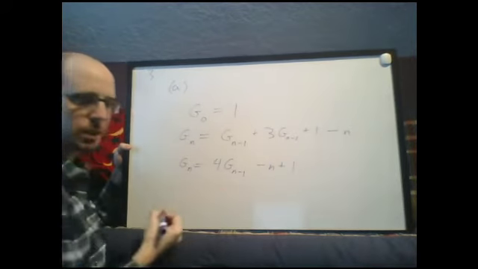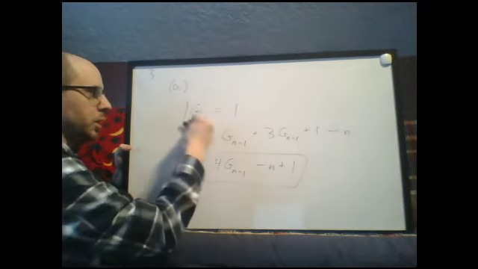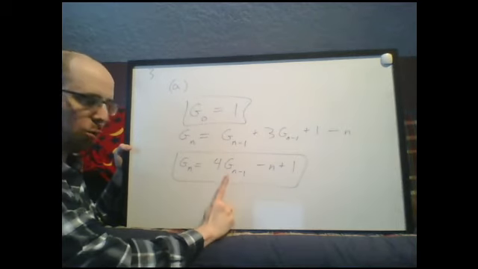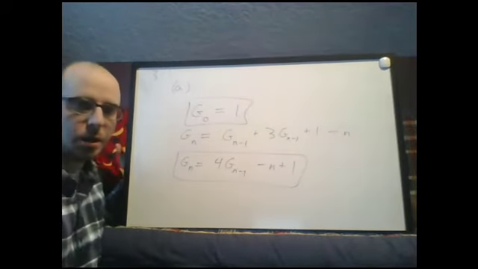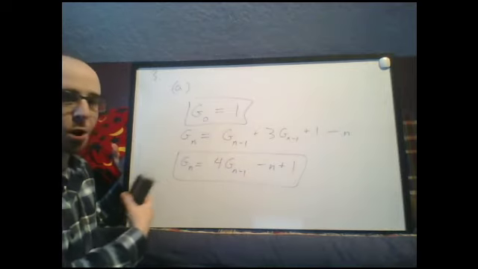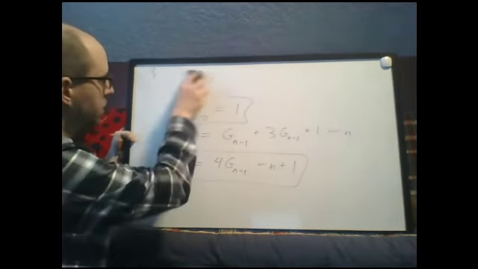Looks a little bit better, I guess. So there's our recurrence. There's our initial condition. I just need one initial condition because I only used the previous 1 year in my recurrence. Okay, so now part B is to solve the recurrence that we just came up with. So let me rewrite it.